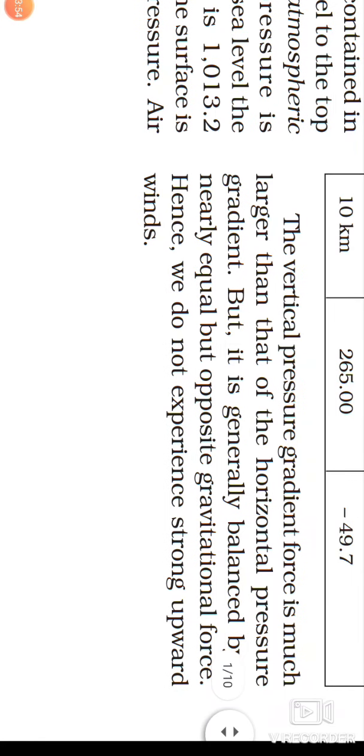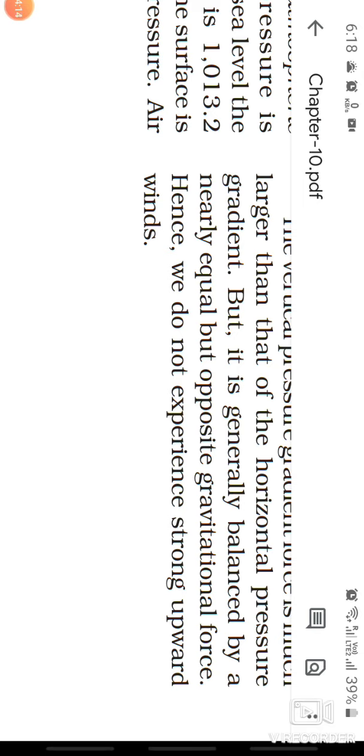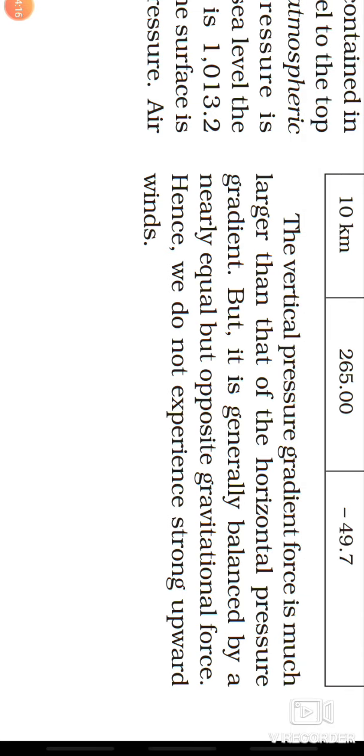One more point given over here is that the vertical pressure gradient force is much larger than the horizontal pressure gradient, but it is generally balanced by a nearly equal but opposite gravitational force. Hence we do not experience strong upward winds. Whenever we are present on the surface of Earth, we generally feel that the wind is moving across us, passing by us.